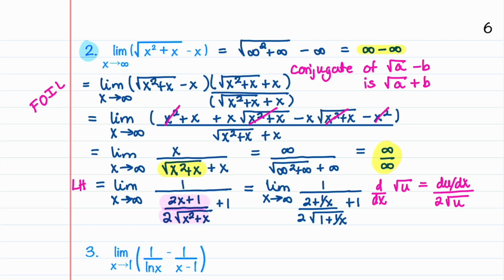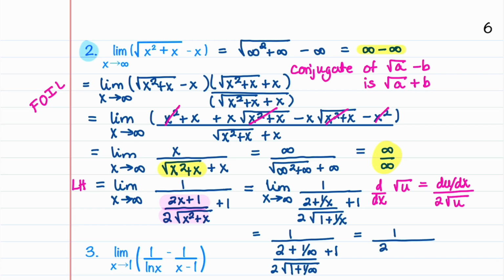Now we're going to let x go to infinity, and we get 1 all divided by 2 plus 1 over infinity, all divided by 2 times the square root of 1 plus 1 over infinity, plus 1.